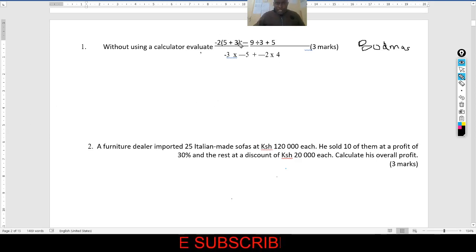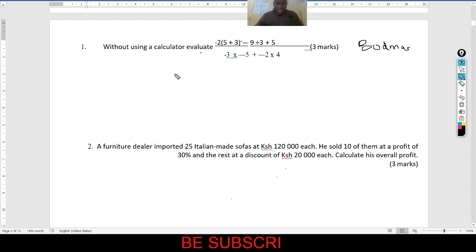Like in my numerator here, I'll deal with the bracket. Here I have 5 plus 3, so 8 in the bracket. We don't have of, but we have division here: 9 divided by 3, which is 3. So the bracket 8 times -2 gives me -16.